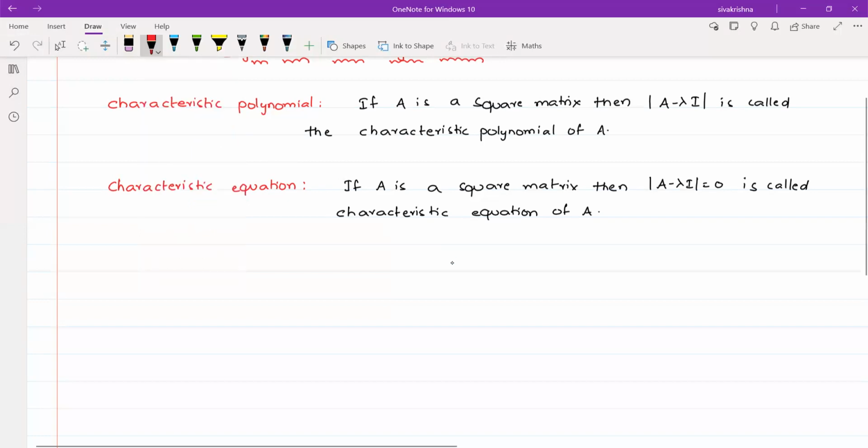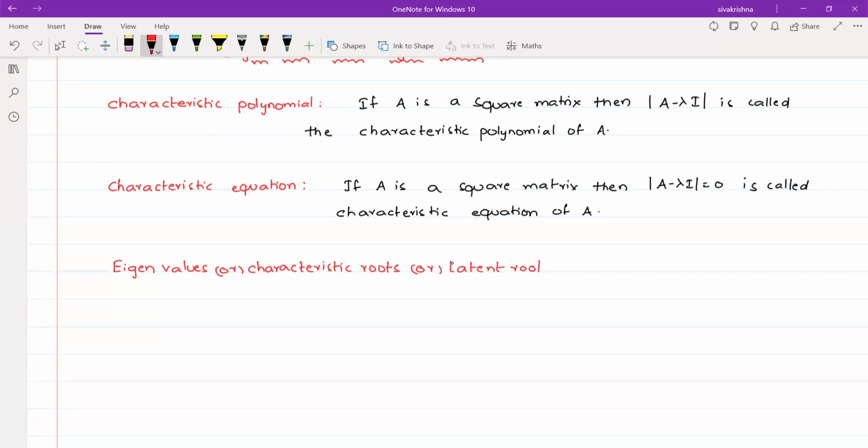After defining these two definitions, now I am going to define eigenvalues. We can also call eigenvalues characteristic roots, and also latent roots. These are all different names for eigenvalues.